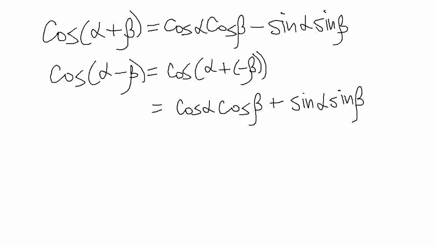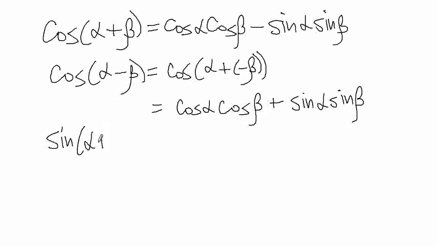All right, now let's see if we can get the sine identities. So we need to utilize the fact that the sine of an angle is equal to the cosine of that angle's complement.